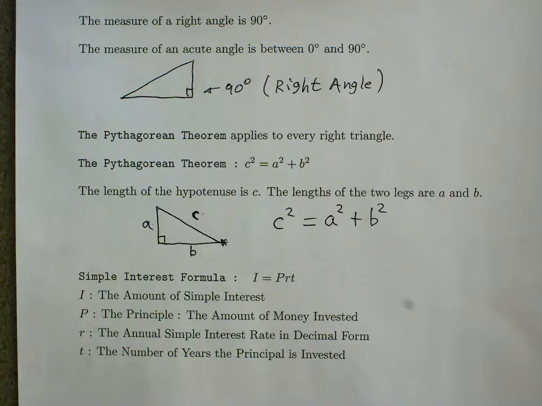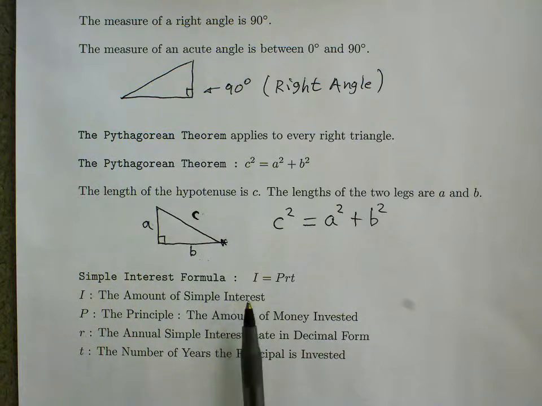If you compound interest, then after you're paid interest on your investment, that interest earns interest. So it compounds. Simple interest doesn't do that. With simple interest, you only get paid interest on the amount that you invested in the first place.